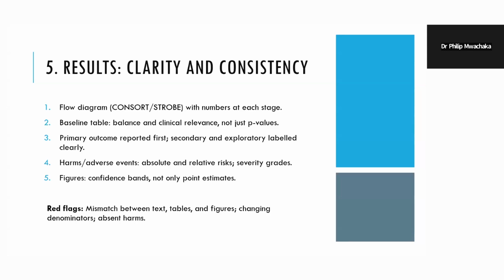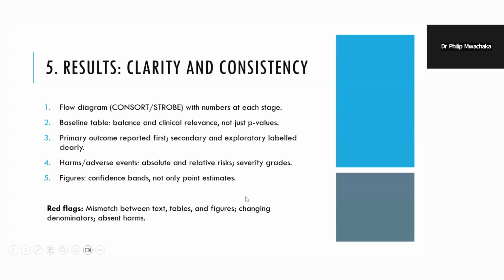And then the other thing is that the figures and tables need to be very clear, and there should be consistency between the results reported in text and what we have in the figures and tables. This can really help you when you're doing critical appraisal. For example, when you see a mismatch between text and tables and figures, that should raise an alarm.